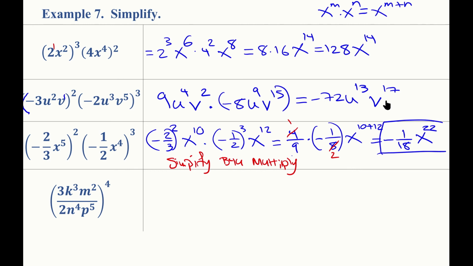So anytime that time allows you, double check, make sure you've done it correctly. So here we have negative 2/3 squared times x to the power of 5 times 2. Make sure you don't make the relatively common error of squaring the 5. That's not how the rule works.